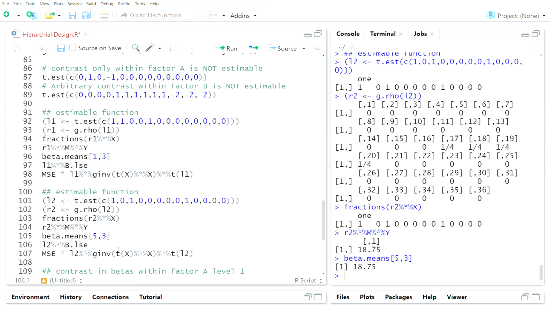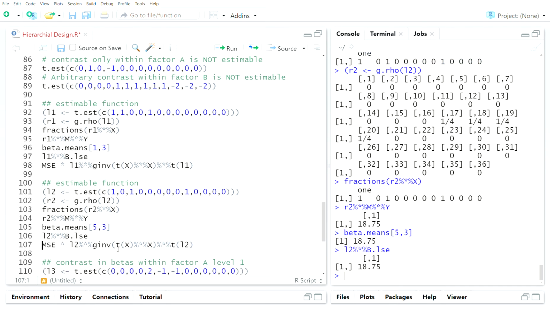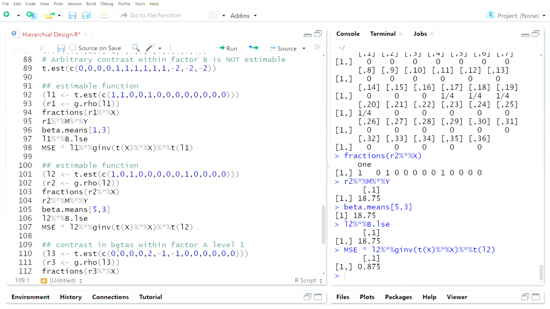Or we can just take a linear combination of the least squares estimates for beta, and we get 18.75. And to me, that is so mind-boggling, because the least squares estimate for beta, there's an infinite number of them. But yet this specific linear combination of those beta parameters is unique, and it's 18.75. The variance associated with it is that next line.